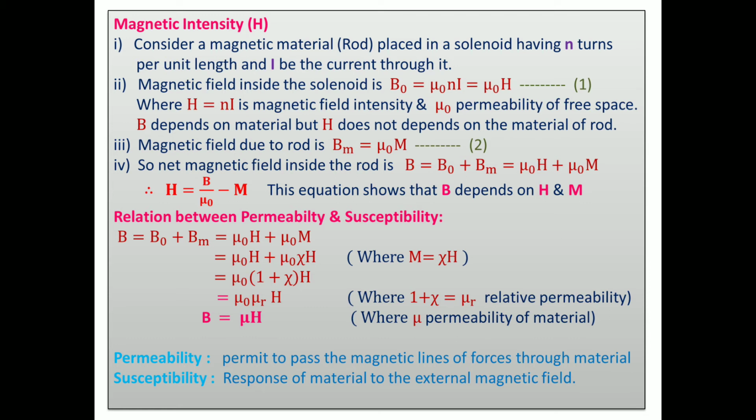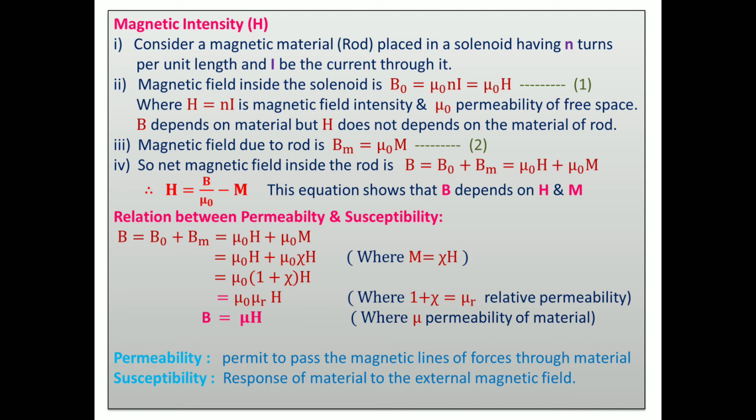Susceptibility is the response of a material to the external magnetic field. Suppose this material is kept in an external magnetic field, what is its response? If its response is more, then its susceptibility is more.